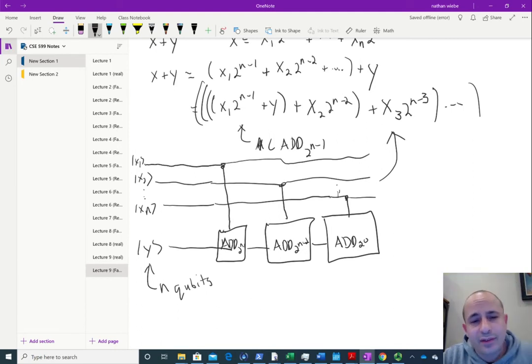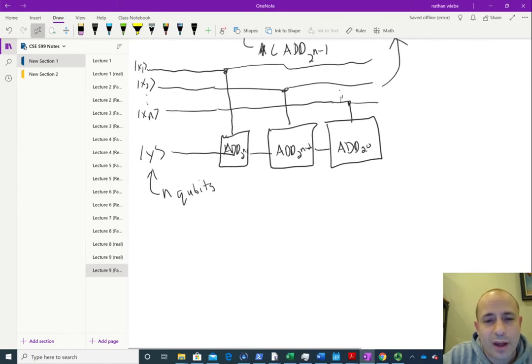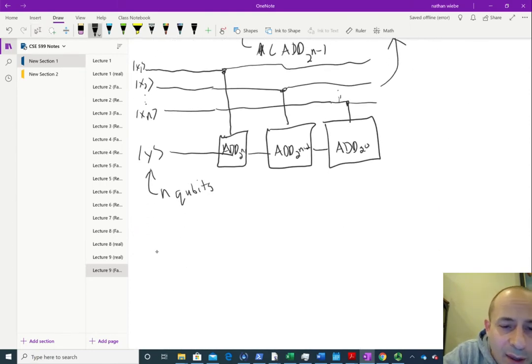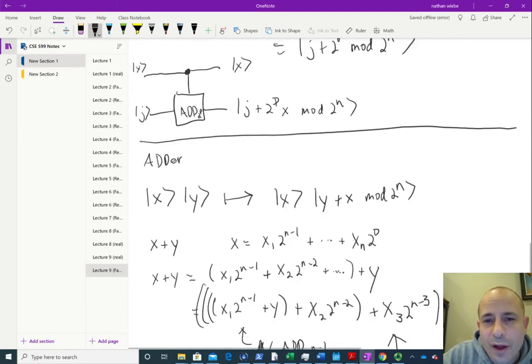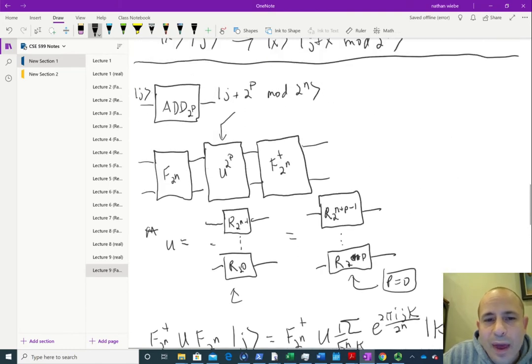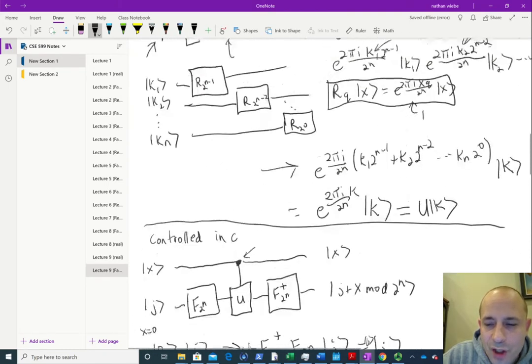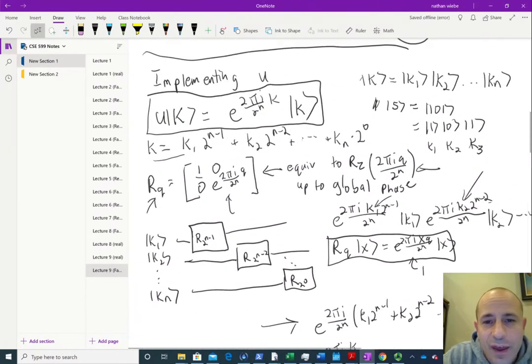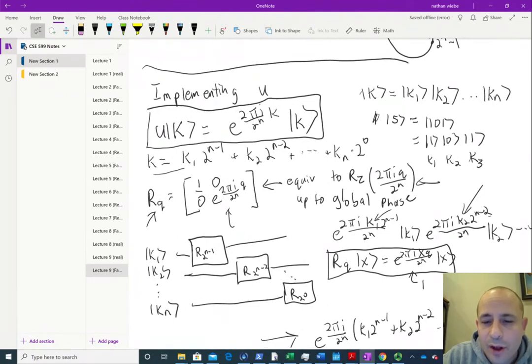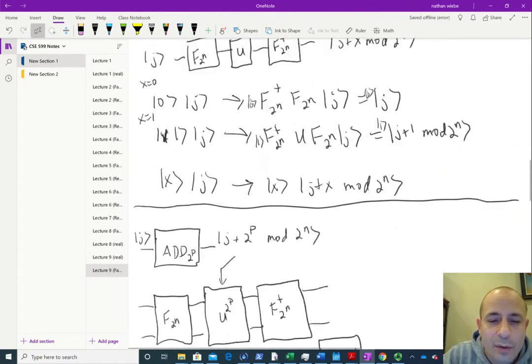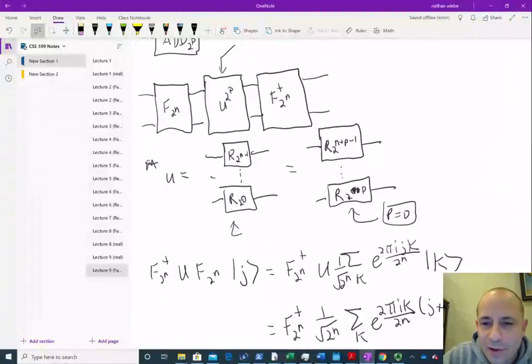So let's figure out what the complexity of this is. Now, the complexity, I should mention, can actually be simplified greatly. One of the reasons why is because if we take a look at the U operation that we defined previously, phases can wrap around many times when we're looking at the add circuit.